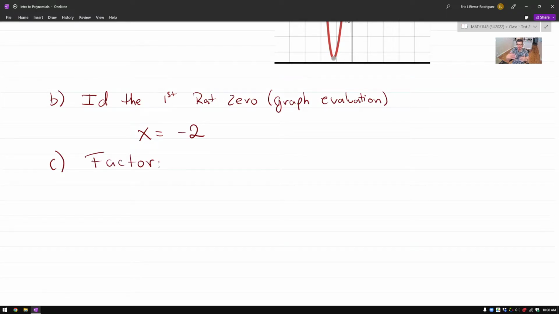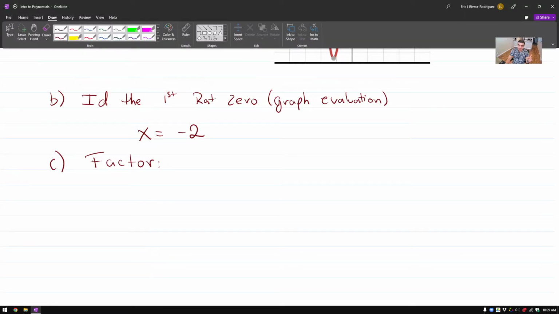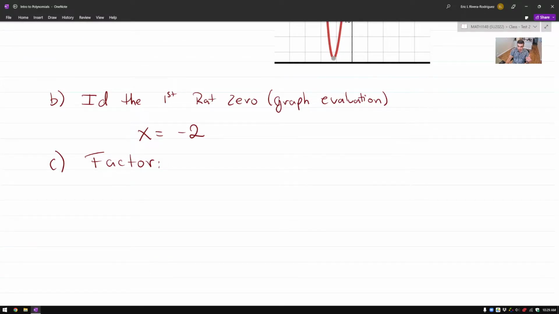So we are in the step of factoring the polynomial. Because x equal -2 is a zero, let me give you the theoretical part here.